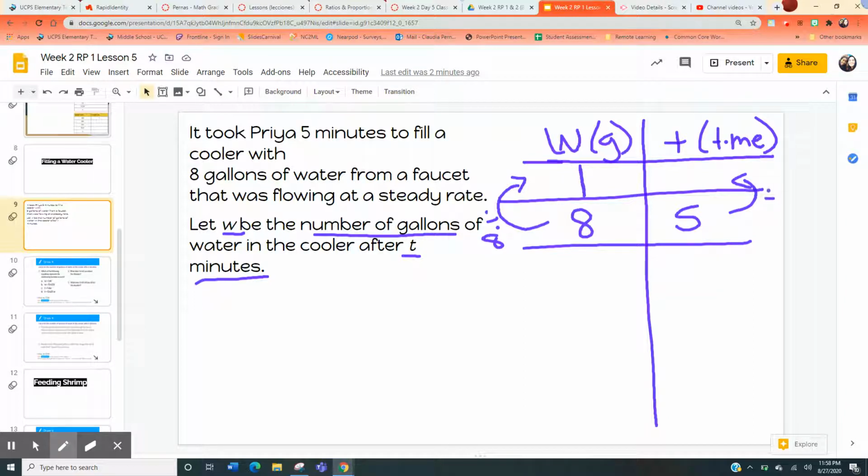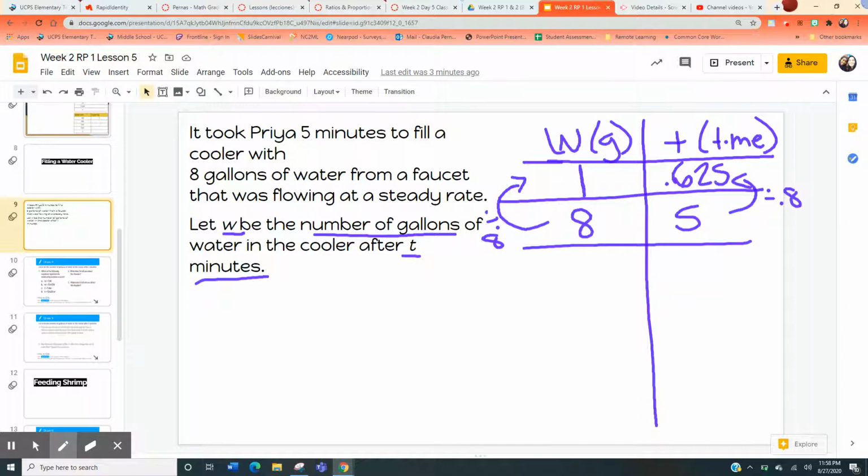So 5 divided by 8 gives me 0.625. Okay, so I know it takes 0.625 minutes to fill 1 gallon of water.